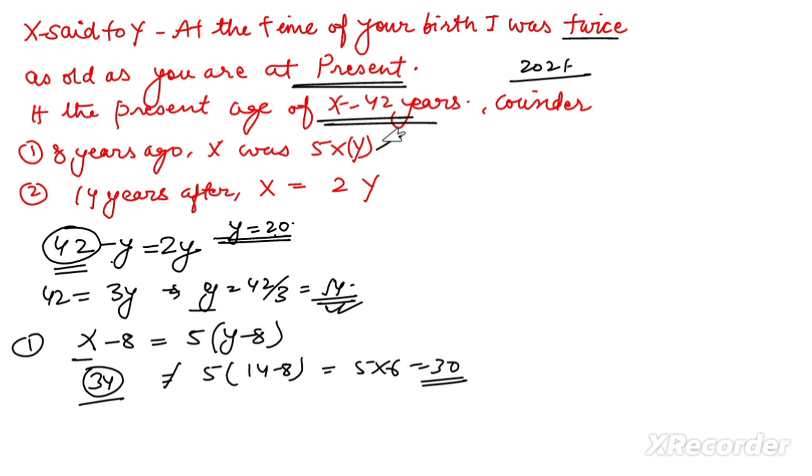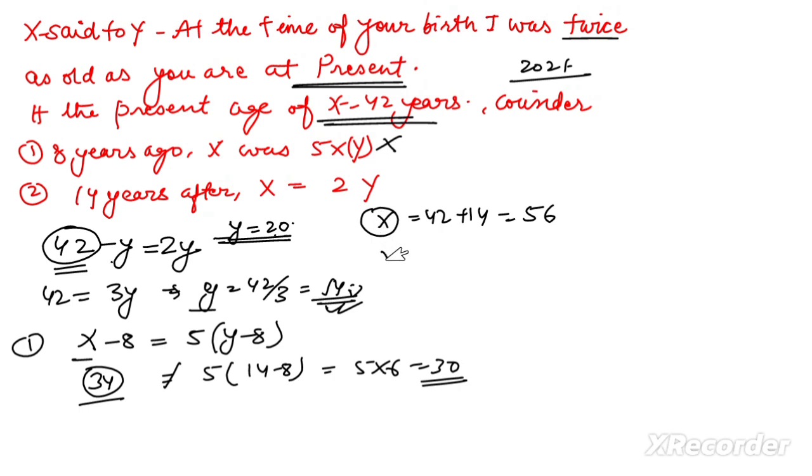The second statement says after 14 years, x is equal to 2 times of y. So the present age of y is 14 and x is 42. After 14 years, x is 42 plus 14, that will be 56.